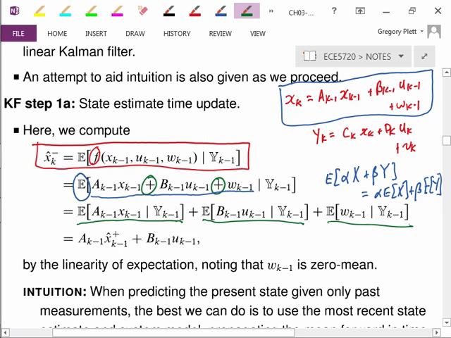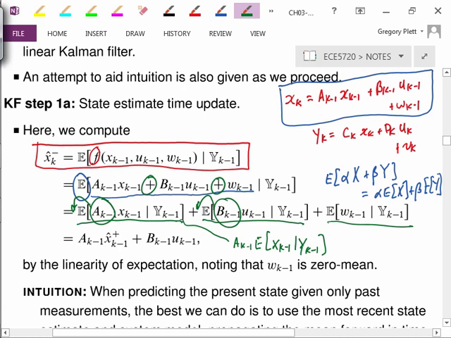And then, because the A, B matrices are known constants at any point in time, I can write this, for example, as A_{k-1} times the expected value of x_{k-1} given Y_{k-1}. The constant comes outside of the expectation, and I can do the same thing for that.